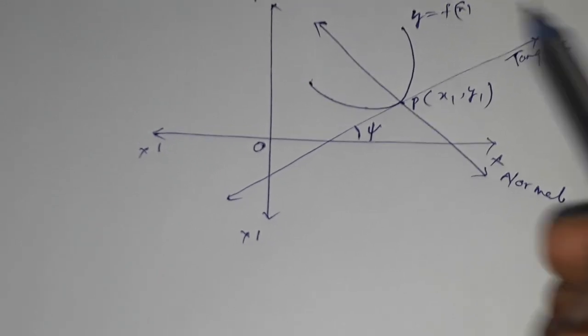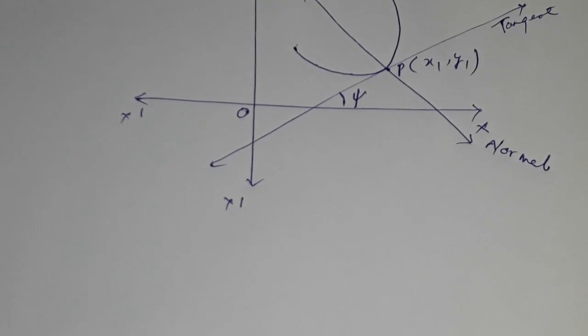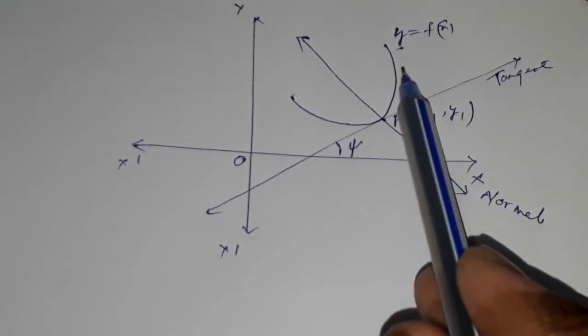Let y equals f(x) be a continuous curve and let P(x1, y1) be a point on the curve.